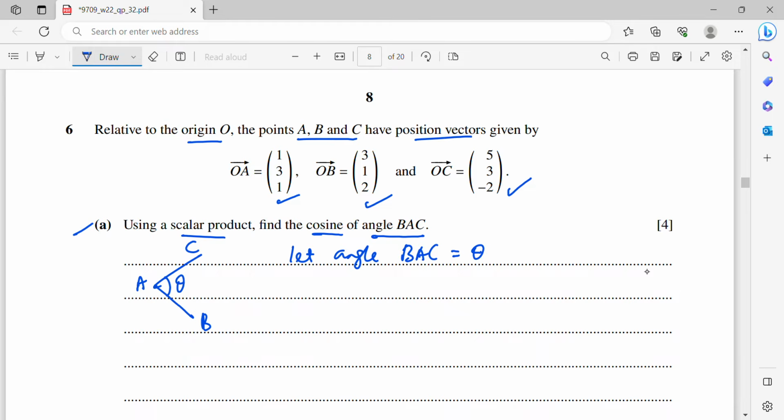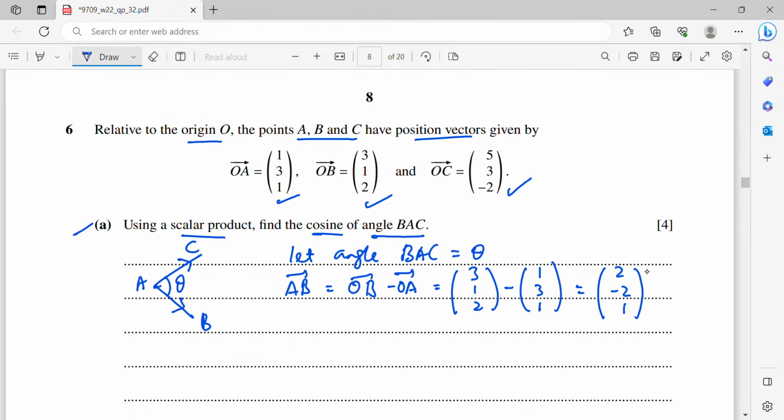From this diagram, we know that we need the two vectors AC and AB. So AB equals OB minus OA, then 3, 1, 2 minus 1, 3, 1. So my AB is basically 2, negative 2, 1.